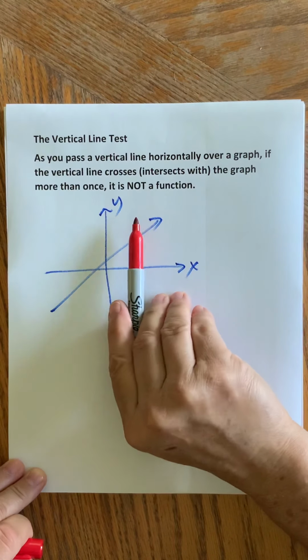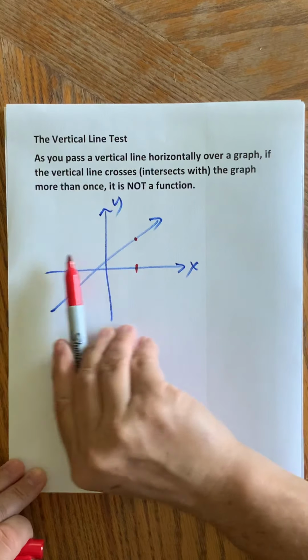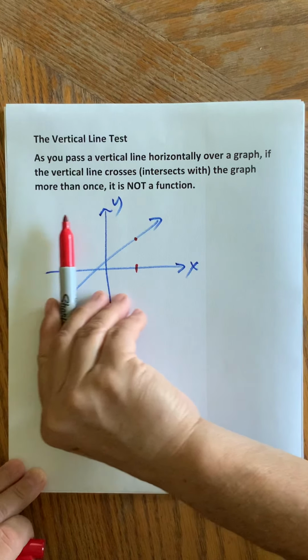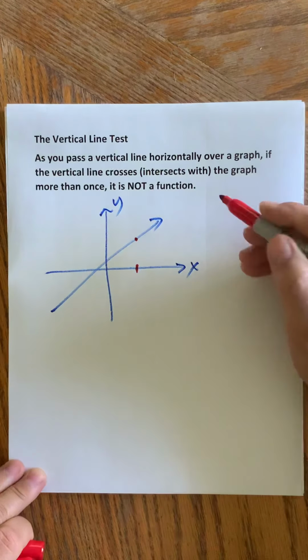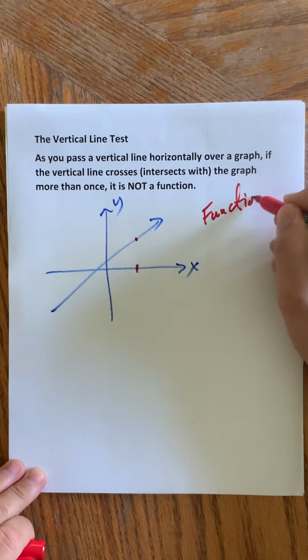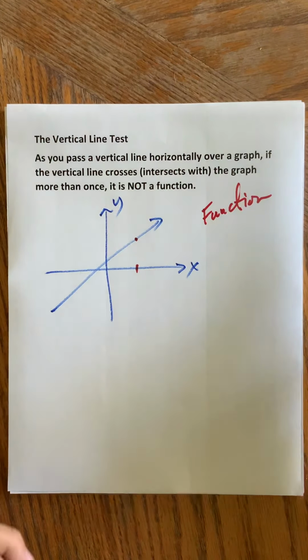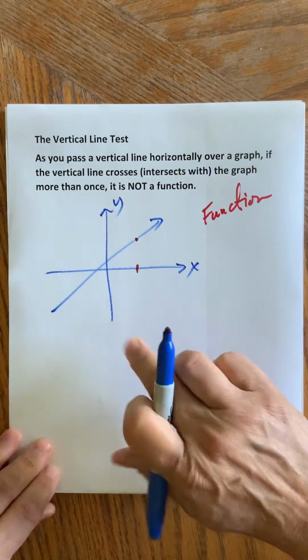And then we're saying, well, let's check every input. So we're going to scan horizontally and see, as we scan the vertical line horizontally, does it cross only once on the graph? It only does cross once, so this is a function. So essentially the vertical line represents an input, because you're going to scan up and down to see where it hits the graph.